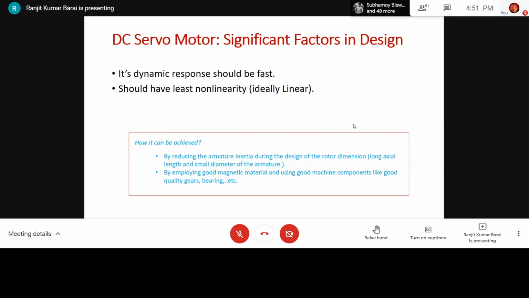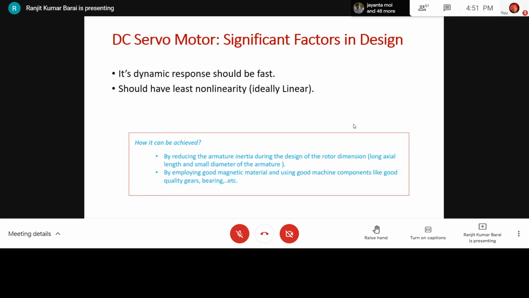During design, you should keep the flux density to a value such that it doesn't move to the saturation level so easily. So your design is such that due to the rated voltage variation, it never enters into the saturation region in the magnetic characteristics.